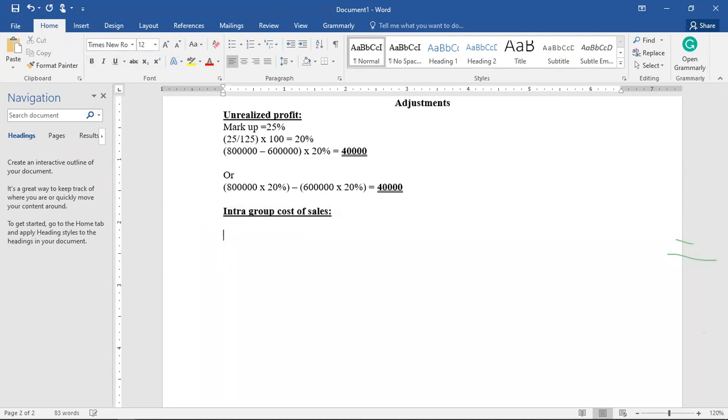So the total sales value is 5 million. Minus the unrealized profit of 40,000. Let me just write the 5 million for the ladies and gentlemen not to be confused. 5 million minus 40,000.